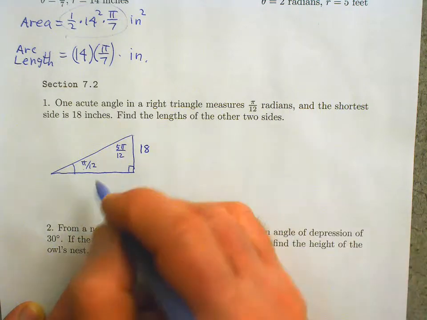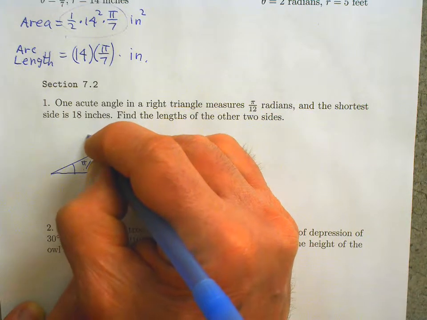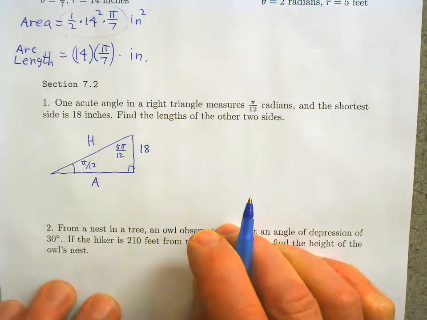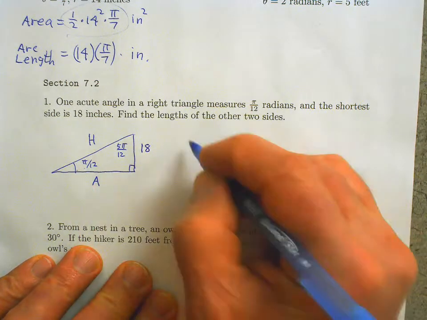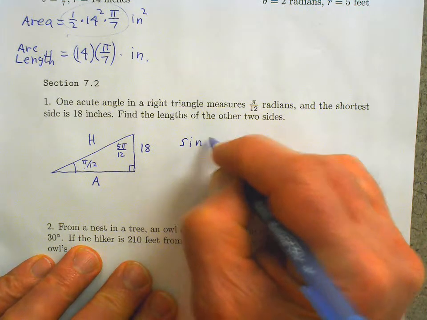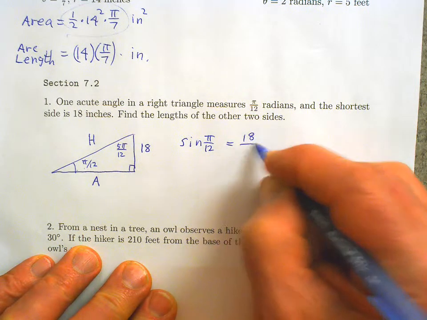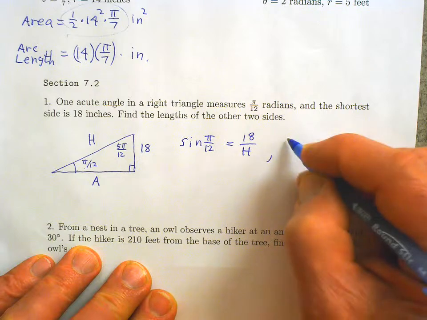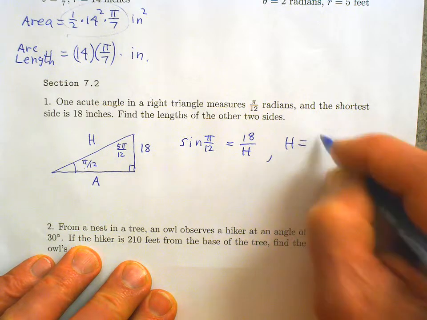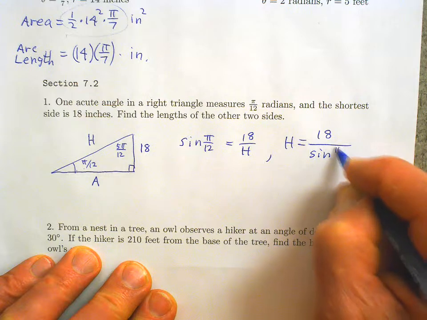So how do we find the other two sides? Well, sine of pi over 12 is 18 over h. So we can determine what h is if we divide 18 by sine of pi over 12.